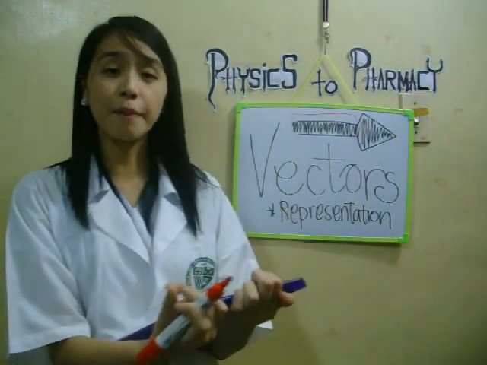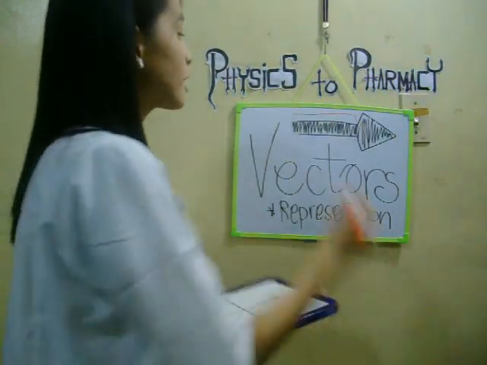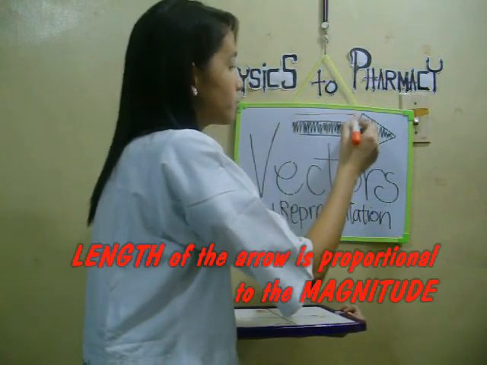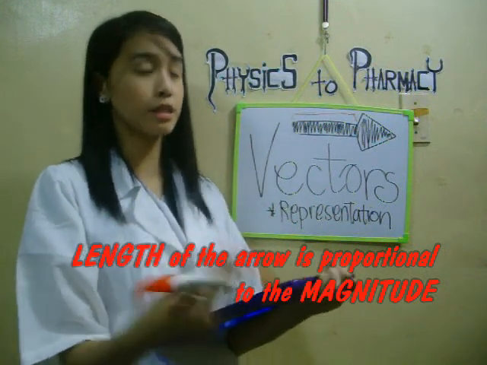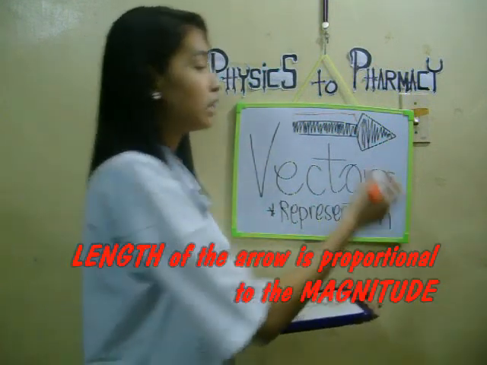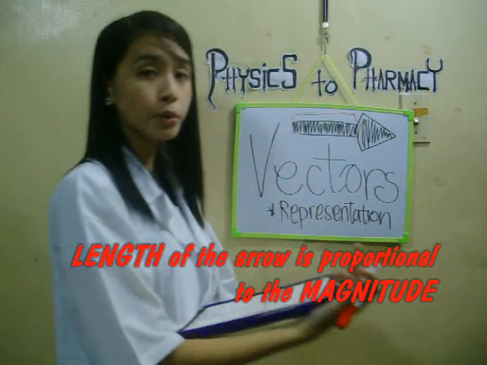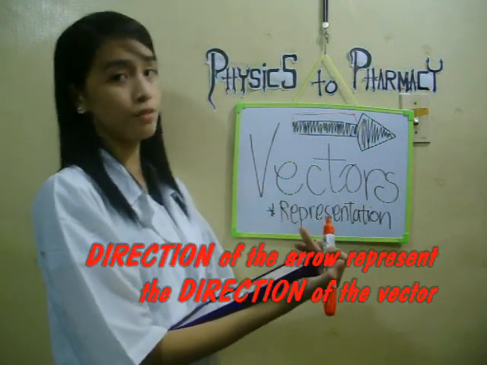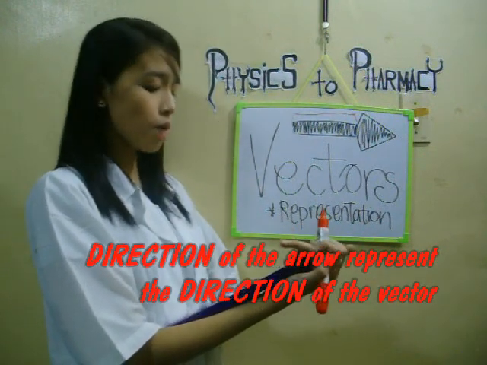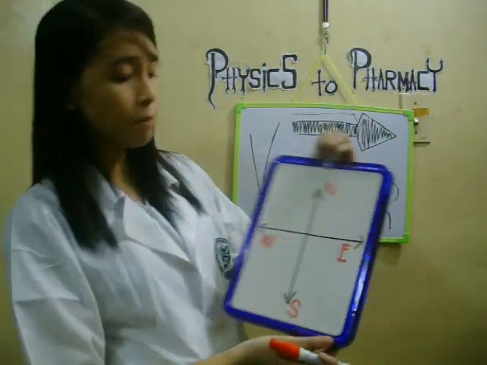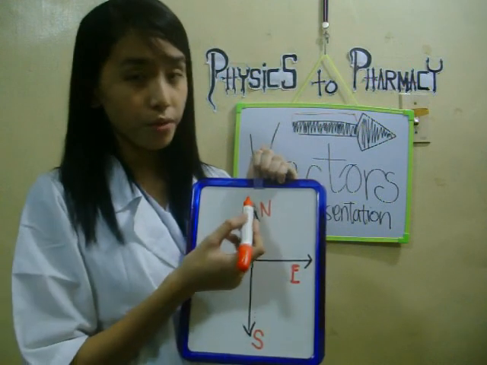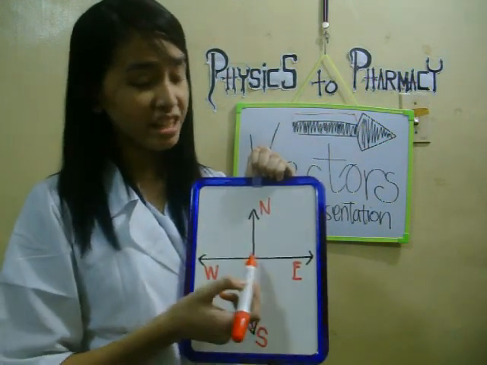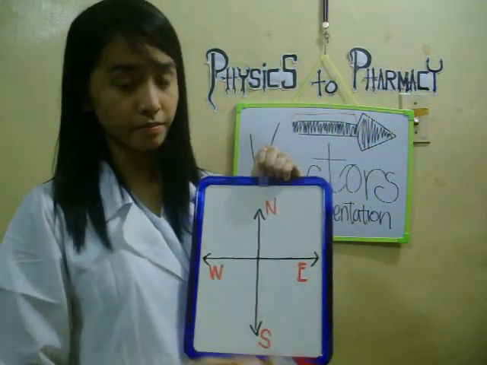So next, in graphing a vector, the length of the arrow is scaled to be proportional with the magnitude of the vector quantity it represents, while the direction of the arrow represents the direction of the vector quantity. Also, you need to remember these directions: north, south, east, and west.